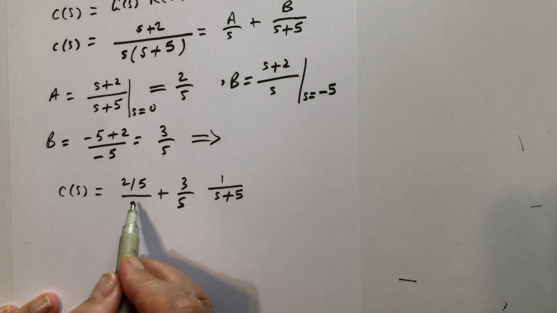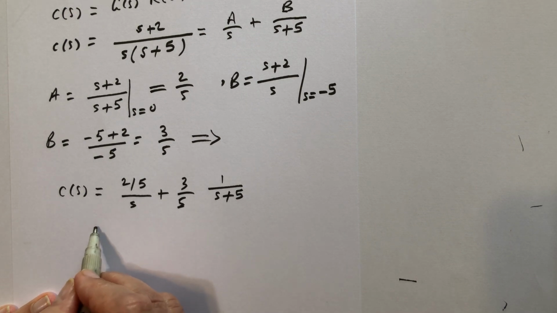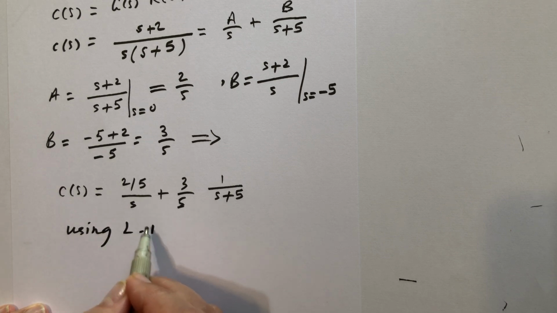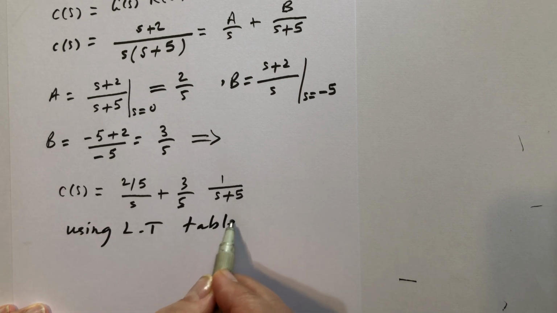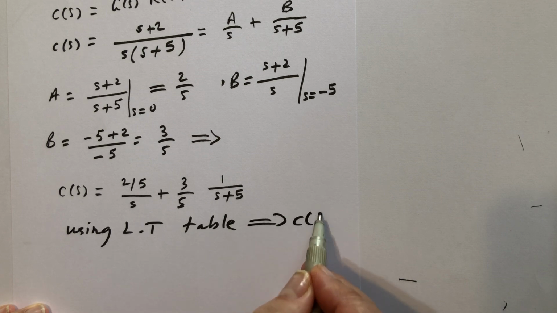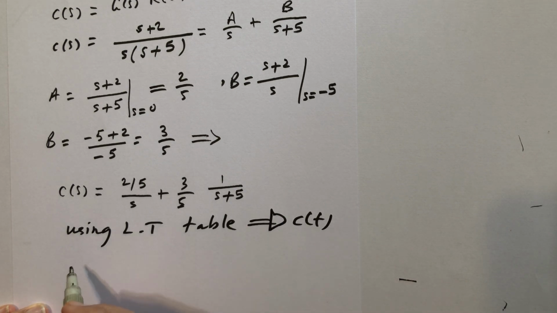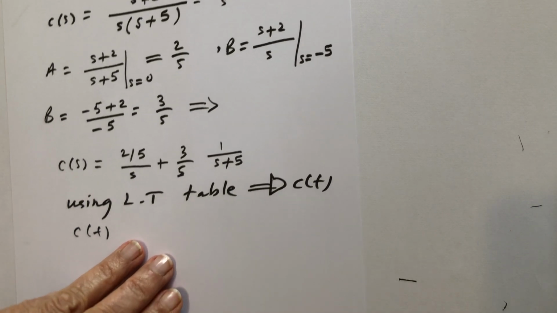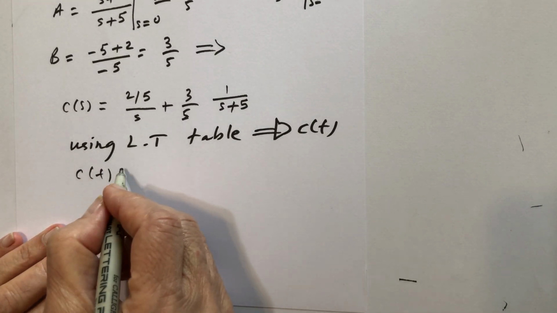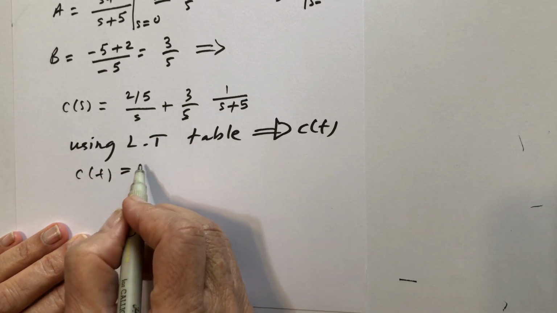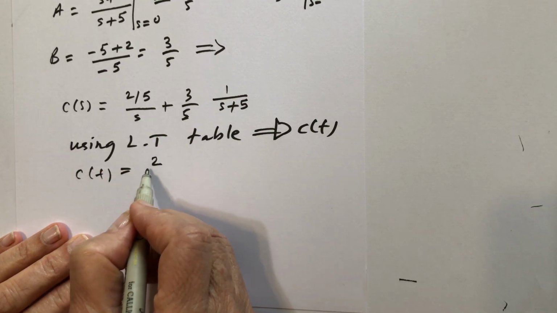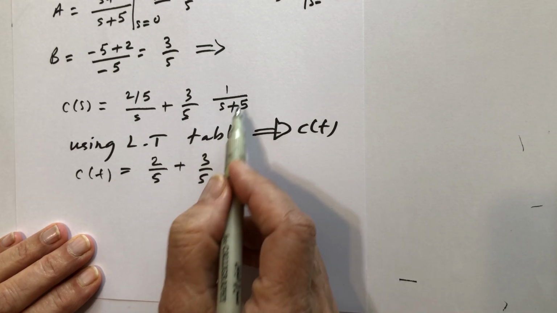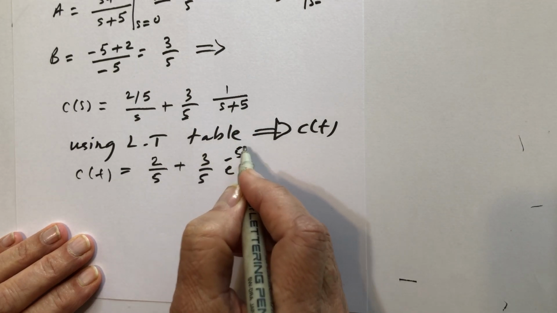So this one is a step. Then using, let's say, the Laplace transform table, C of t equals 2 over 5, which is a step, plus 3 over 5 times e to minus 5t, which is an exponential.